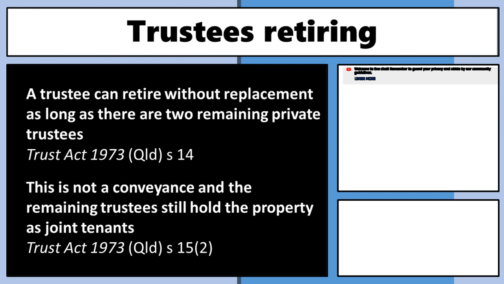And a key thing to note is that in Australia, all of your states are broke. They want to try and get money from everywhere. One of the ways they do that is through stamp duty. And stamp duty arises when things are conveyed from one person to another.